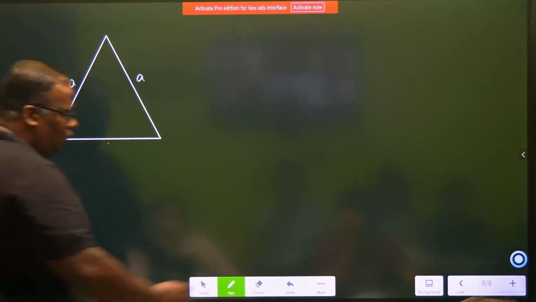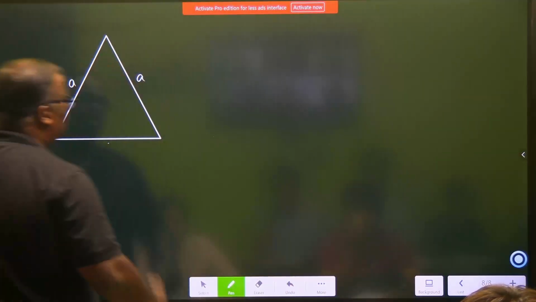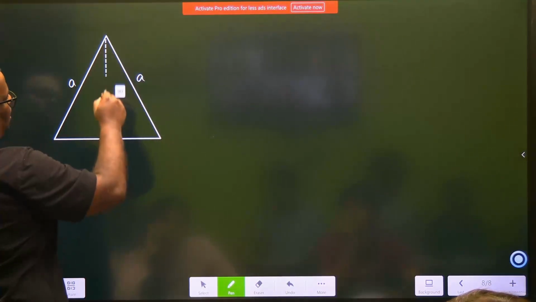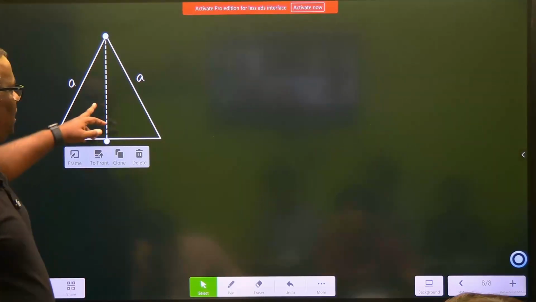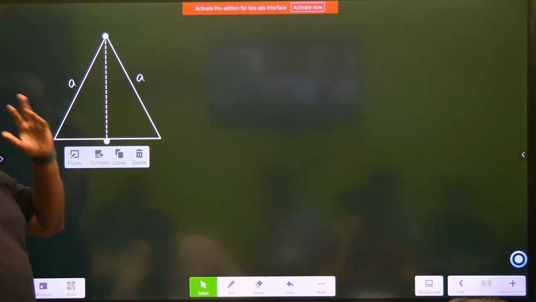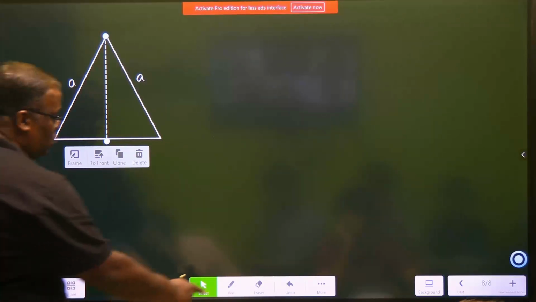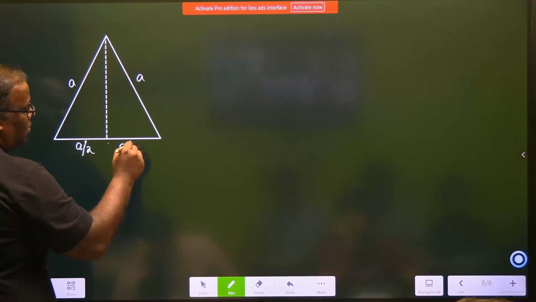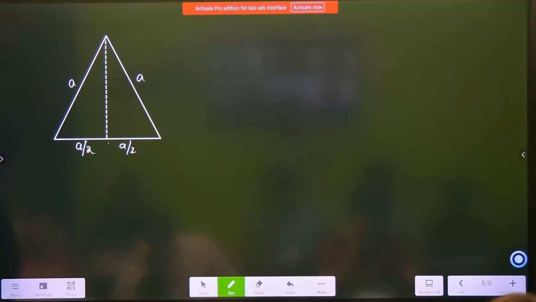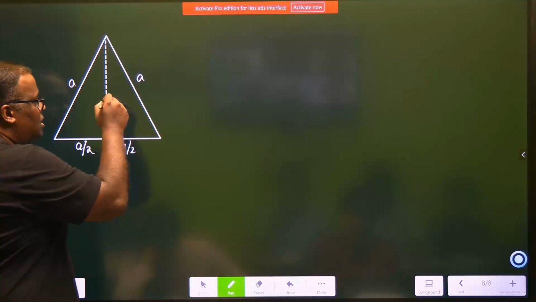Some of the beautiful formations that take place in an equilateral triangle is, if you try to construct a median, which is the line joining the vertex to the midpoint of the opposite side, for an equilateral triangle, this will become the angle bisector, the perpendicular bisector, as well as the median. All three will be the same, okay? Which means that I will be left with a by 2 out here and a by 2 out here. Are we fine? Right? If I'm a and a by 2 out here, can I find out what is this value?